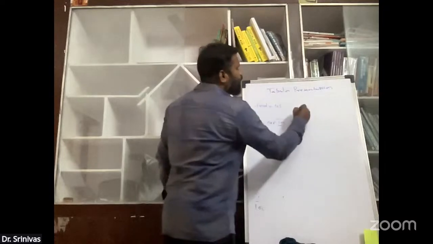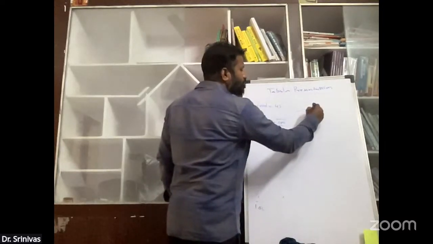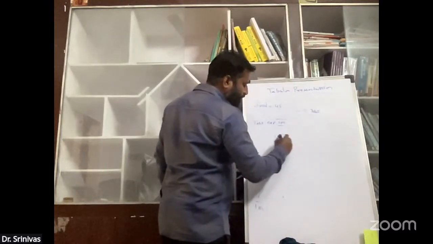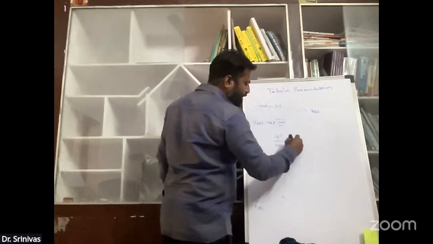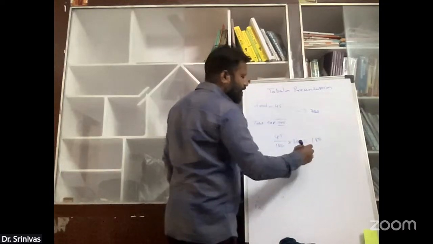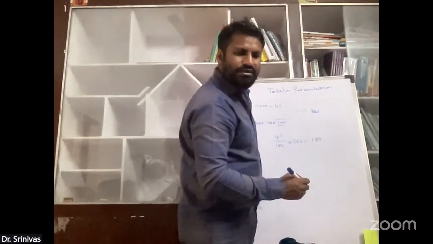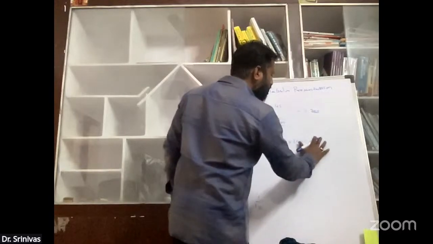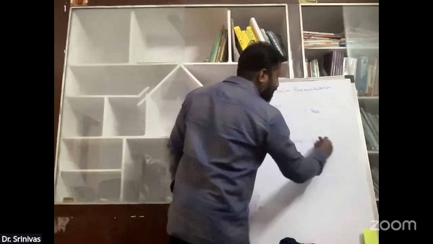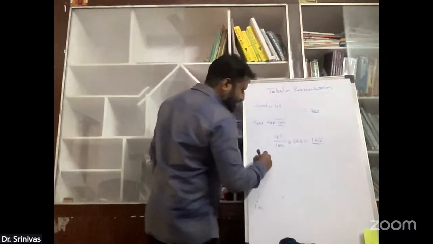Now this we are going to convert into 360. Simple. 45 divided by 100 into 360. How much? 162. For example, in the problem they give 162 only.